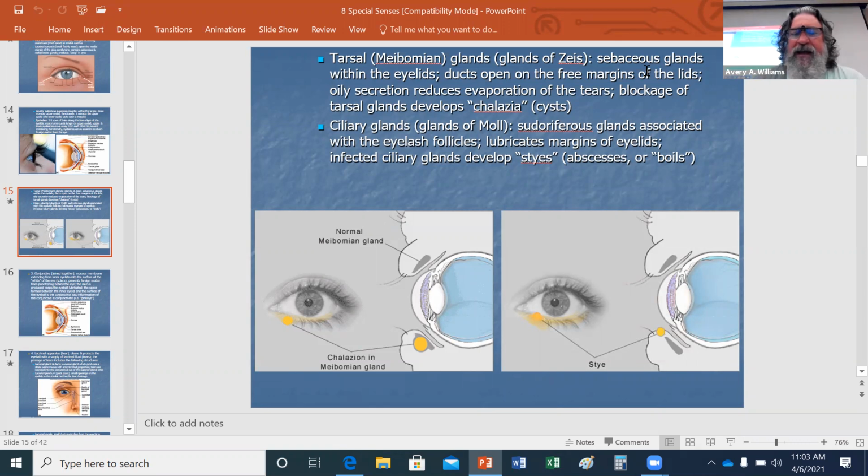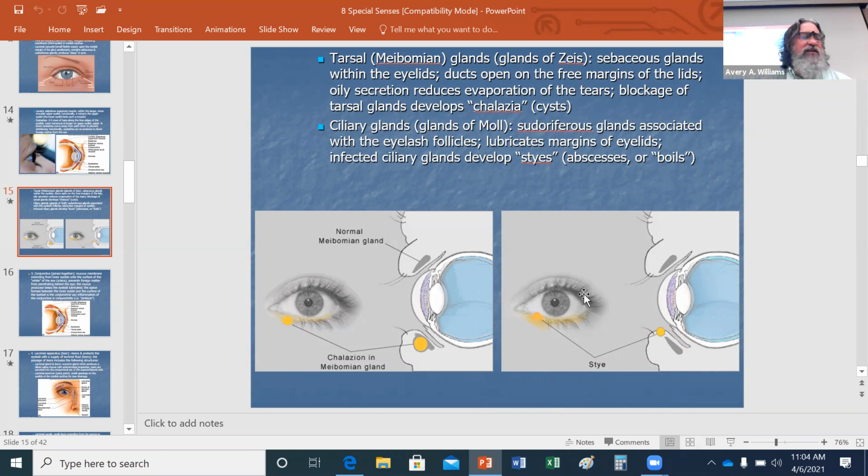And then ciliary glands, that's just like sweat, a kind of watery material associated with the eyelash follicles. Remember I said that most people don't realize that they have these things until there's a problem with them, and they get cysts and styes and chalazia.